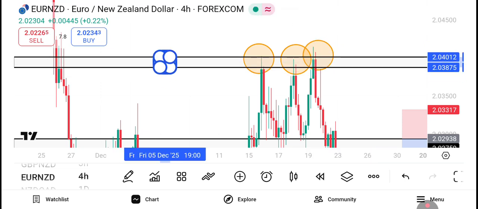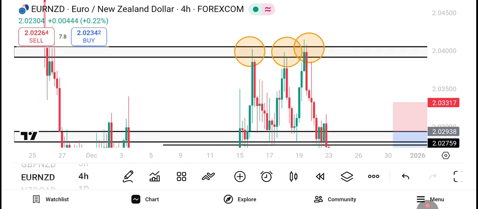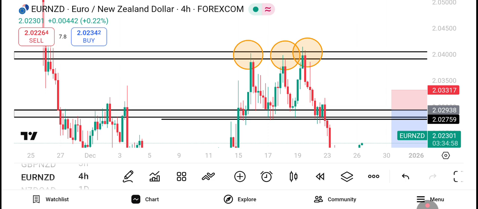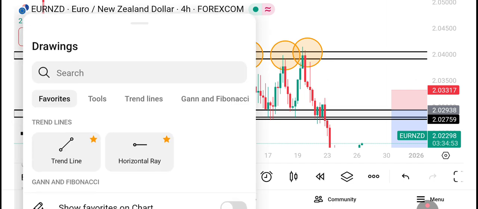So anytime the market comes across this place, it pushes back, telling you that there is a long level of resistance there that keeps pushing the market down.